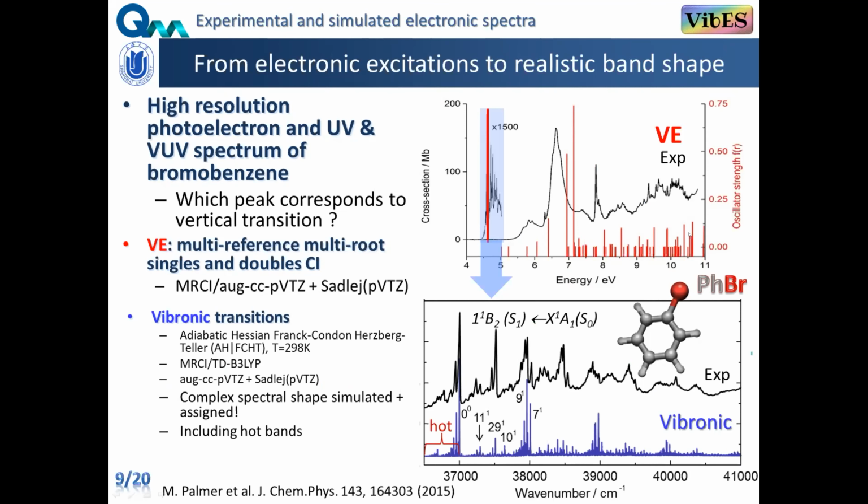And if we do the calculations of vertical energies, which are here represented in red, it is really difficult to make an assignment and to say which transition is where and which excited states we are observing. Is each of these peaks some electronic transition or not? It is very difficult to make an accurate assignment in such cases.